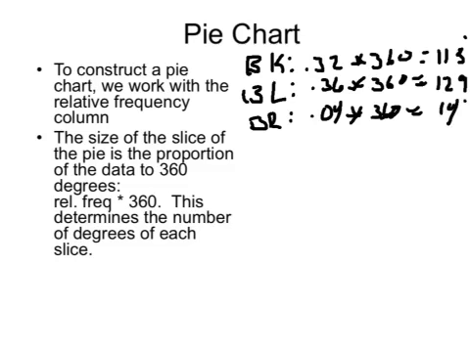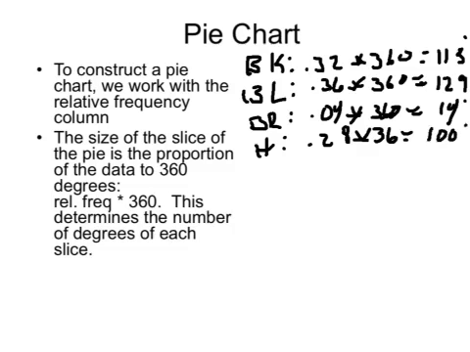And finally, for the hazel, we have 0.28, multiply that by 360, and that's going to equal about 100 degrees.